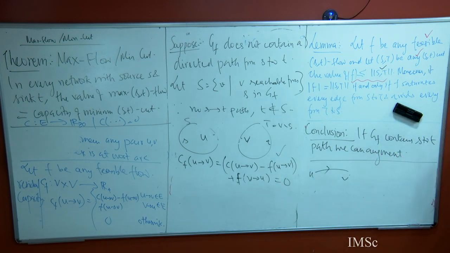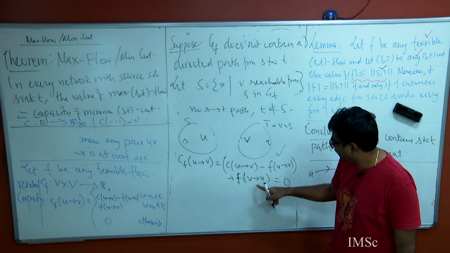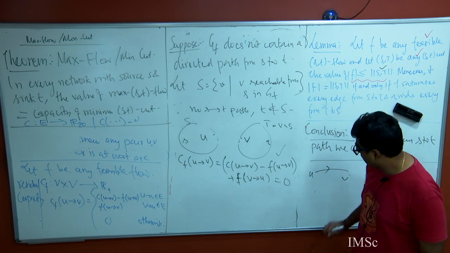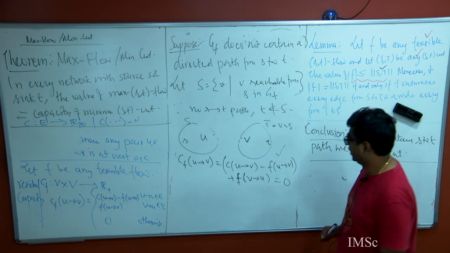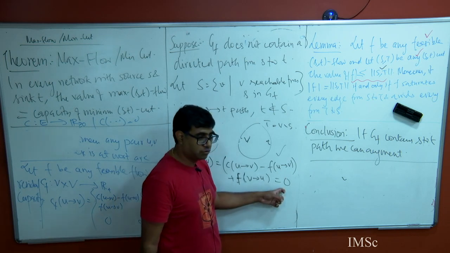Now what else is this? Now suppose there is an actual edge from V to U. Then what is its flow value? Its flow value is f from V to U. Now the point is, why is this equal to 0?